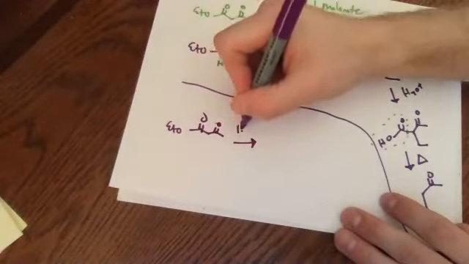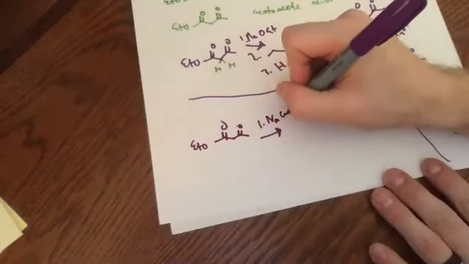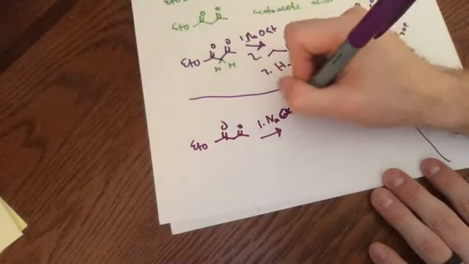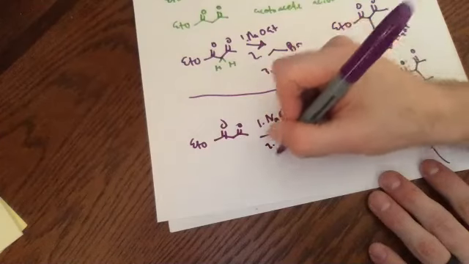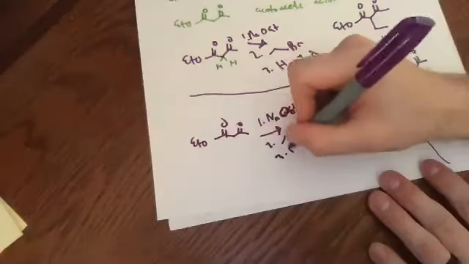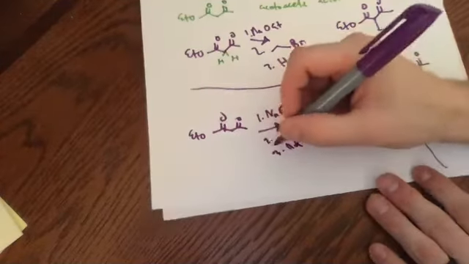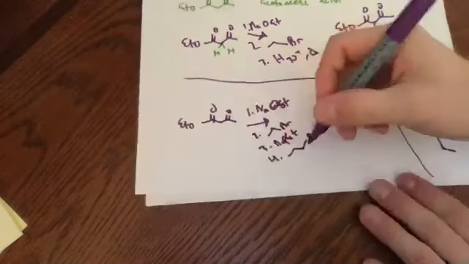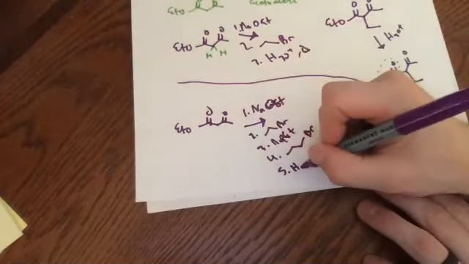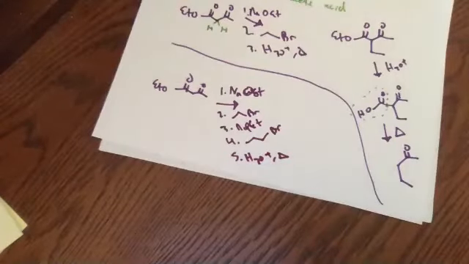So we'd have NaOEt. We could add in, let's add in ethyl bromide. We could add in NaOEt again. And let's do propyl bromide. And then in our last step, H3O+ and heat. So these are all 5 steps done at once.